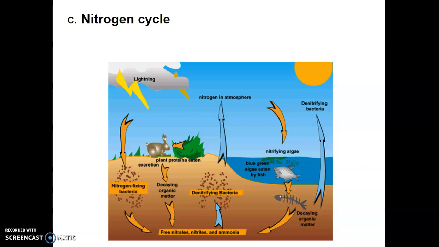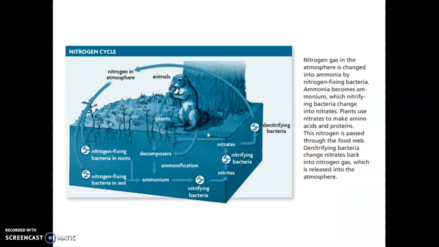Nitrogen, one of the most abundant elements on Earth. Nitrogen is used in all kinds of living things: plants, animals, bacteria. I believe you have this chart, and it's a little differently colored, so you might have a little difficulty reading it. But one thing that we can see here, there's nitrogen in the atmosphere.